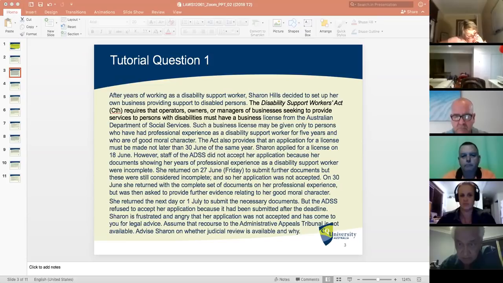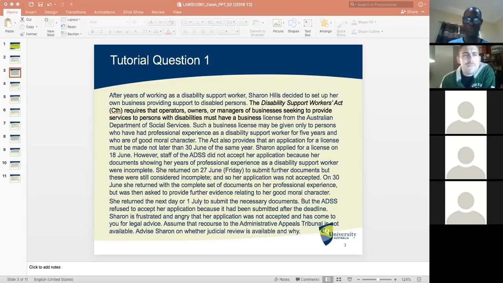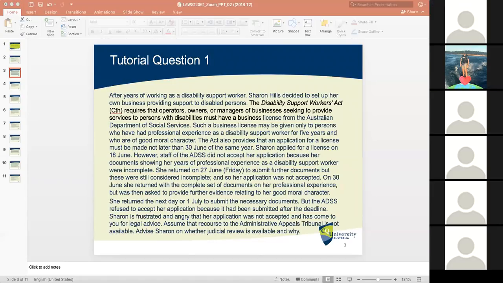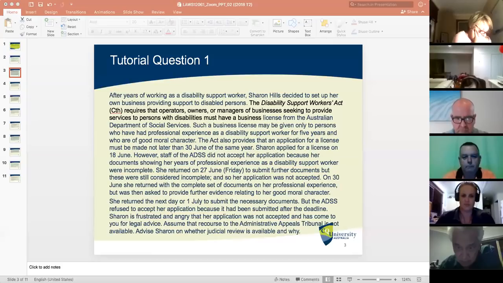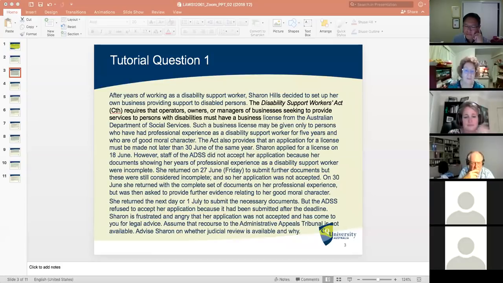On 30th of June, she returned with a complete set of documents on her professional experience, but was then asked to provide further evidence relating to her good moral character. She returned the next day on the 1st of July to submit the necessary documents. But the ADSS refused to accept her application because it had been submitted after the deadline.